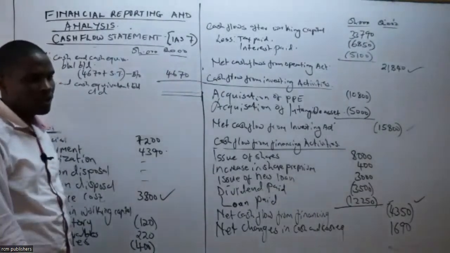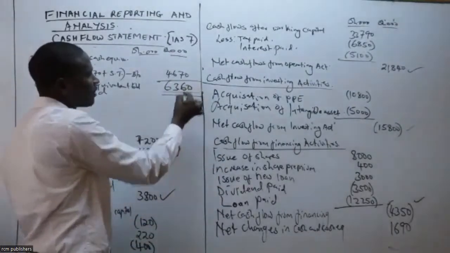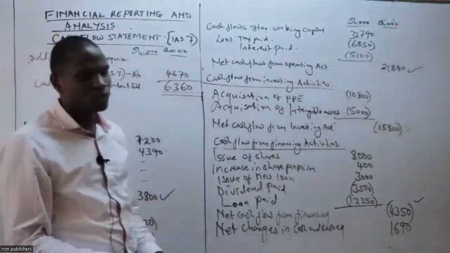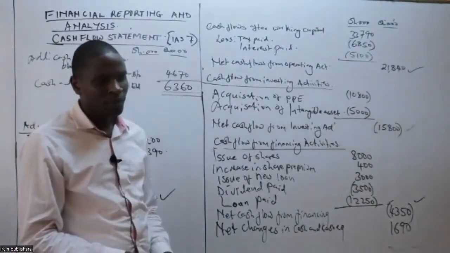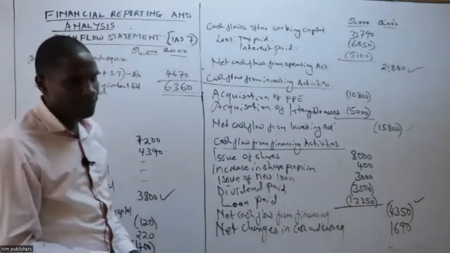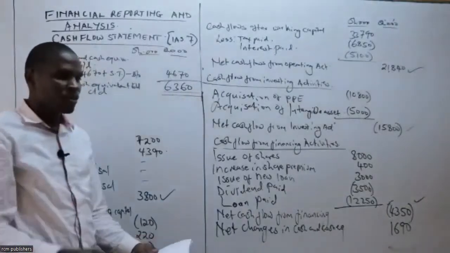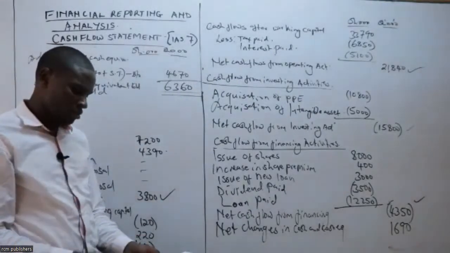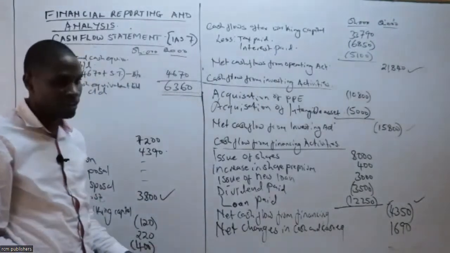What are you getting now? 6360. And then you confirm with your question. Is it balancing? You just confirm with the cash and cash equivalent as at the end of the period. I can see for sure it is 6360.